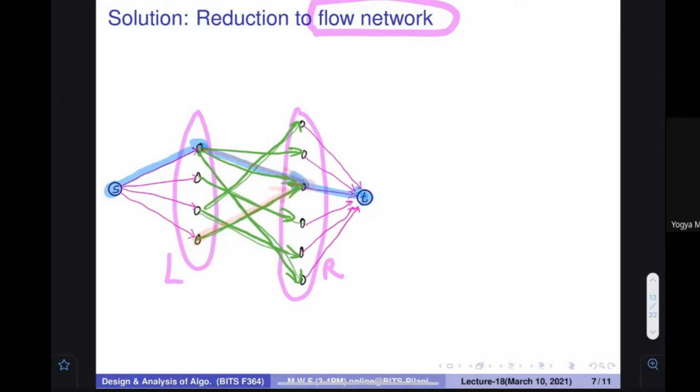The answer is no, because outgoing capacity is only one unit, and you know that it is coming, and definitely it is going to leave. Two units cannot leave from here because only one connection is there. So definitely this is going to be killed. You cannot send anything from this particular route. Can you see this?